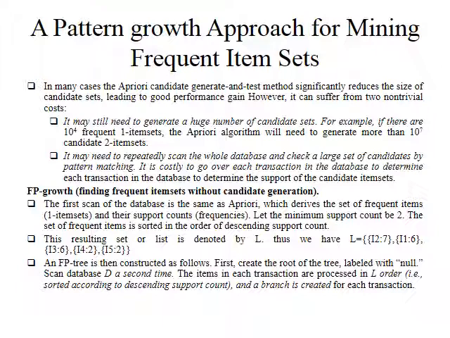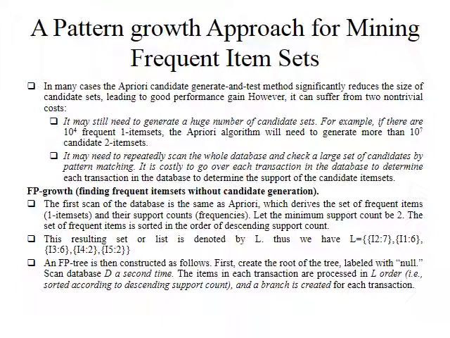This resulting list is denoted by L order, which is nothing but descending order. Thus we have L equals I2: 7, I1: 6, I3: 6, I4: 2, I5: 2. Initially we concentrate on single items because FP growth follows Apriori, which first builds the one item sets and their support counts.